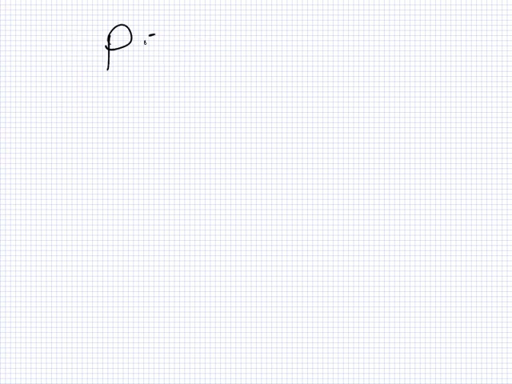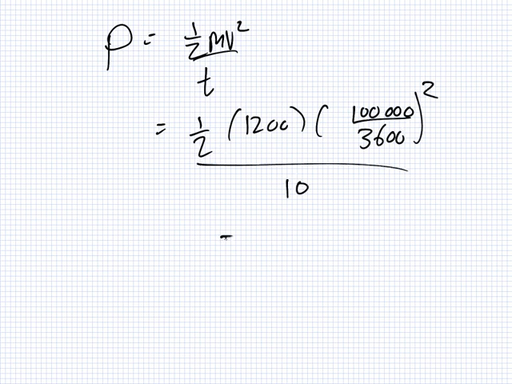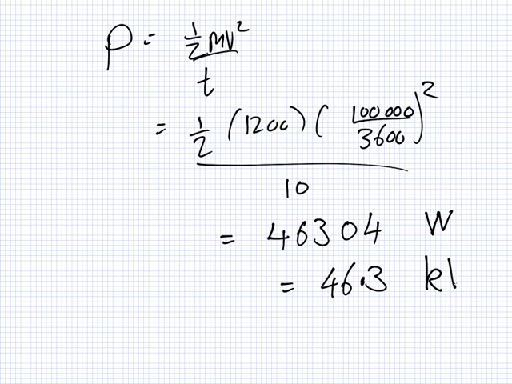So power is a half mv squared over the time, which is a half times 1200 times 100,000 over 3,600 squared over 10. So what is that then? 46303. Yeah. 46.3 kilowatts.